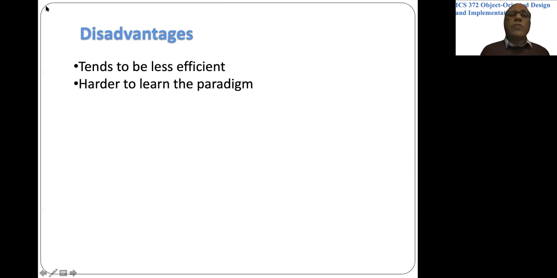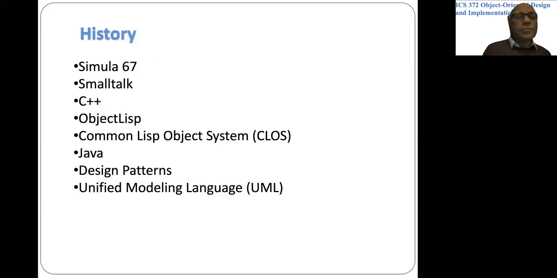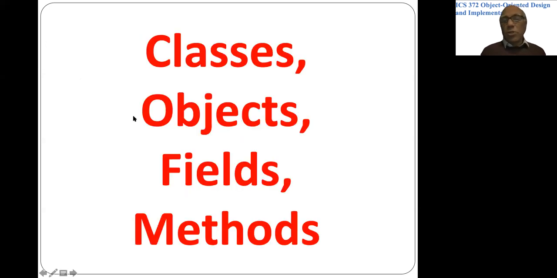The disadvantage of an object-oriented system is that they tend to be a little slow, and it's a little harder to learn the paradigm according to some people. But efficiency is not such a huge concern because nowadays hardware is so fast, it probably wouldn't be all that important. You can read about the history in the book.